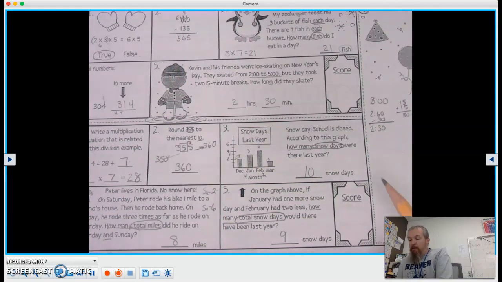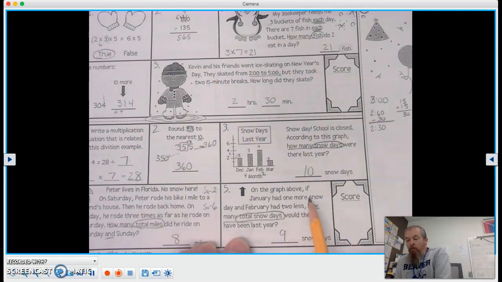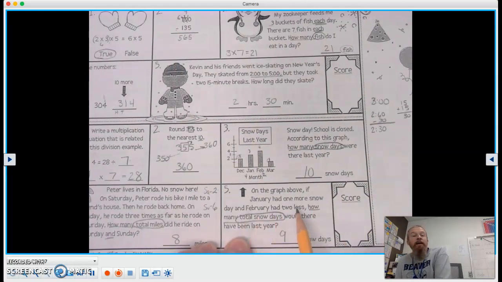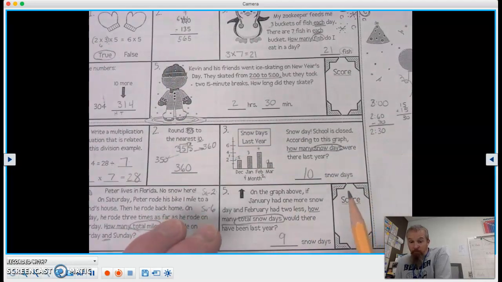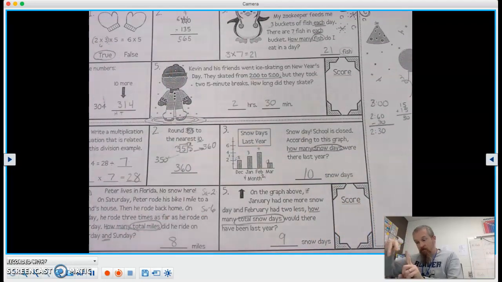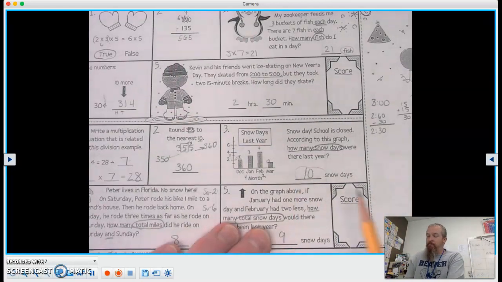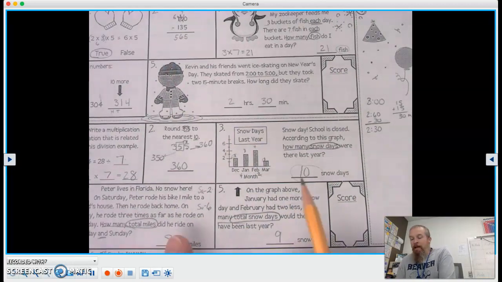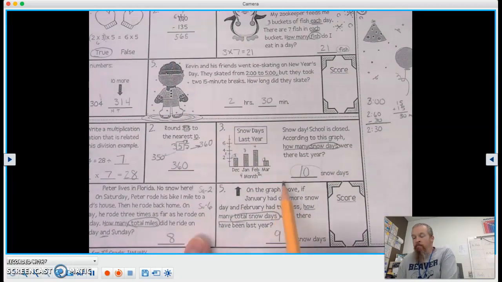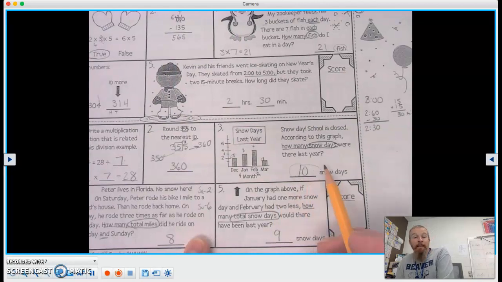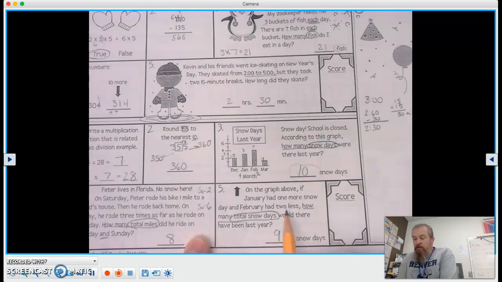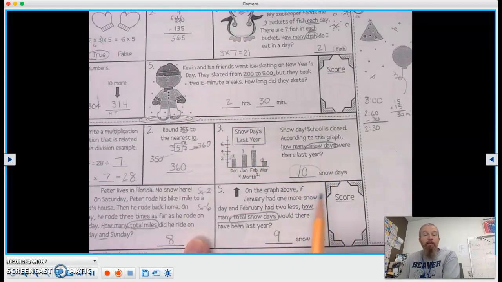So basically, by taking 1 more and 2 less, we have 2 minus 1 is 1. 1 goes up, 2 down, right? So if you're counting on a number line, you could start at 10 snow days like this, okay? And you're at a 10, and then 1 more would put you at 11, and then 2 less would bring you back down to 9.